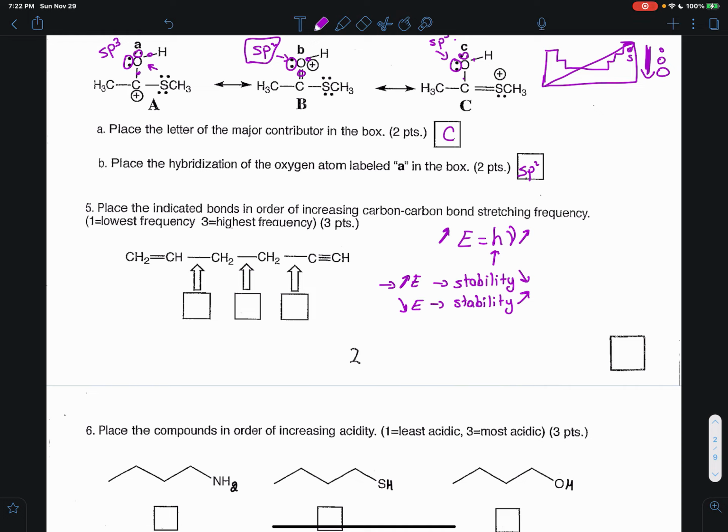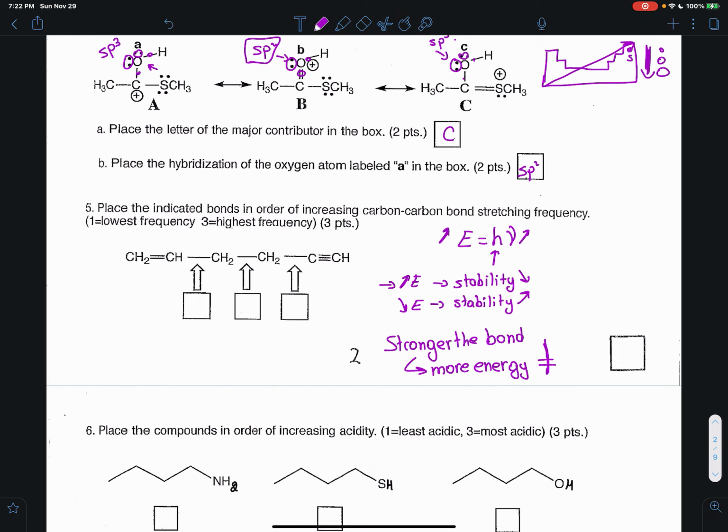So now let's think about the carbon-carbon bond stretching. We know that the stronger the bond, that means we need more energy to break it, right? Let me write that down. The stronger the bond, that means we need more energy to break it, right? So that's the bond, we're breaking it.